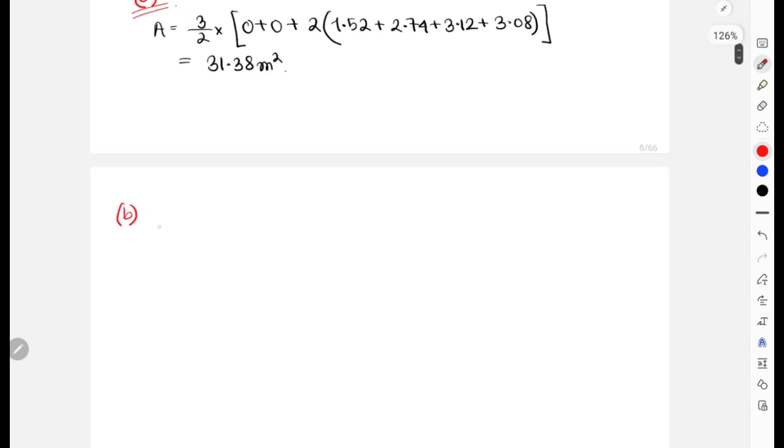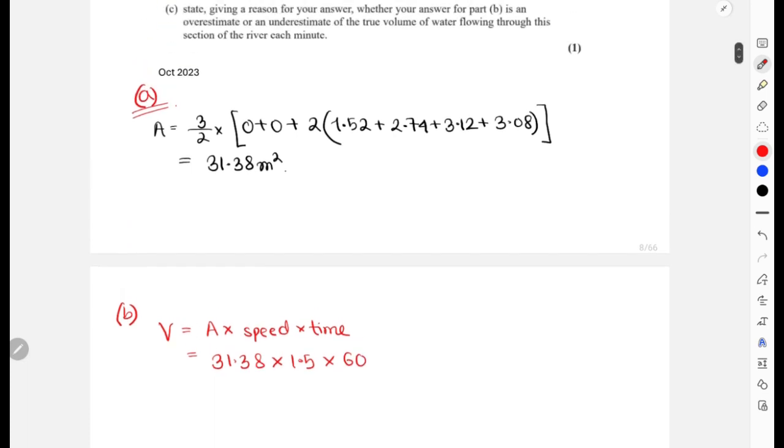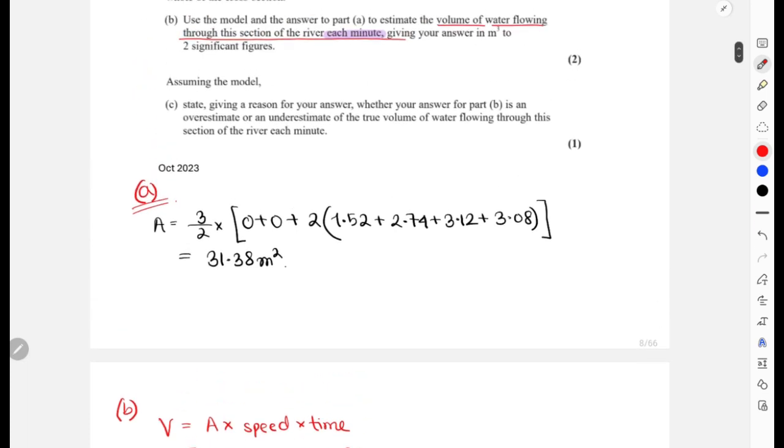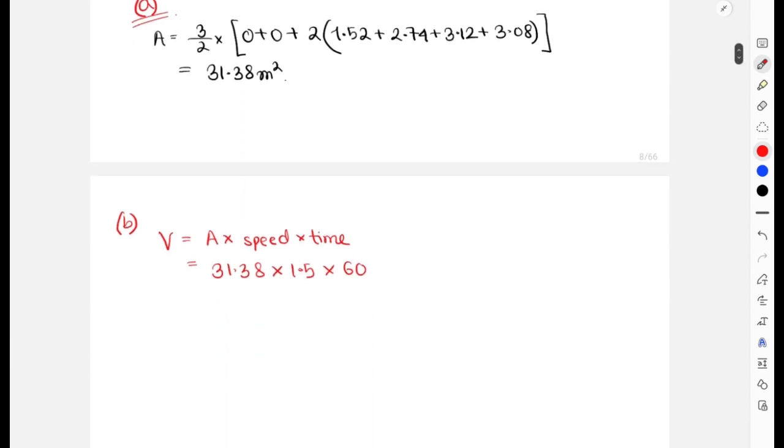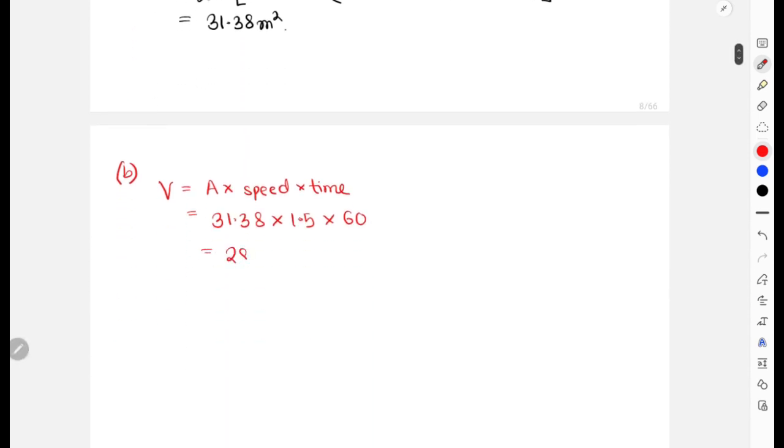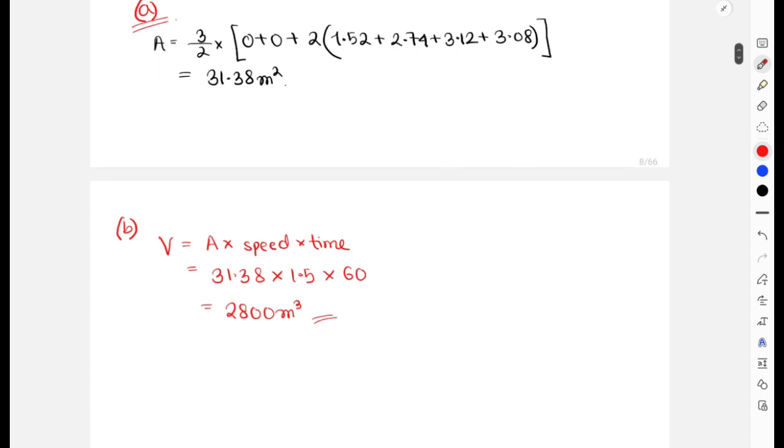So for the volume, we're going to have area multiplied with speed multiplied with time, which is going to be area is 31.38, speed was 1.5, and time is going to be 60, because it was stating that in each minute, right? Minute means 60 seconds. So if you calculate all these things, you're approximately going to get 2800 meter cube, and that is your volume of water that will flow across that cross section of the river in each minute at a speed of 1.5 meters per second.